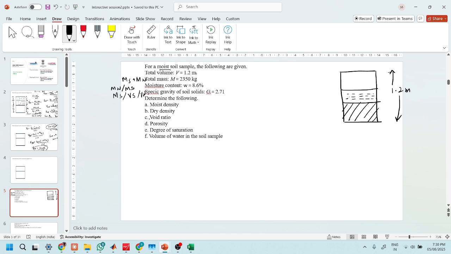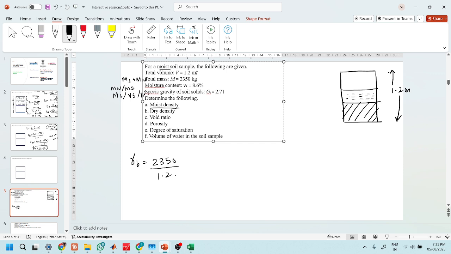So first we need to determine the void ratio and the bulk density. Bulk density is simply total mass by total volume, which will be 2350 over 1.2.